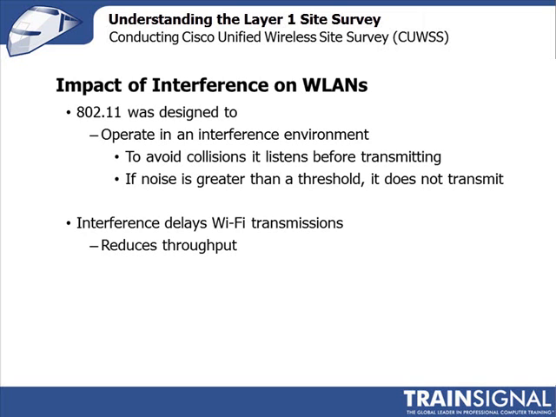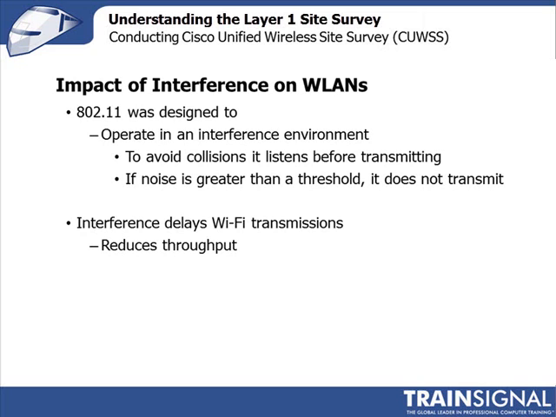So if there's other technologies that are deploying in that band that device can hear, such as a microwave oven, such as a Bluetooth device, such as a cordless phone, it will not go ahead and transmit. It will wait till that transmission is finished, and once the medium is then free, it will then go ahead and start its transmission procedures.